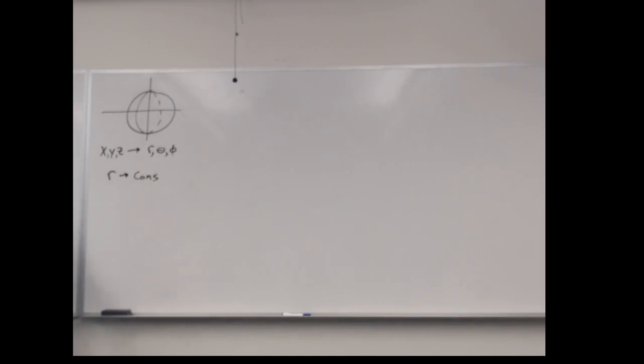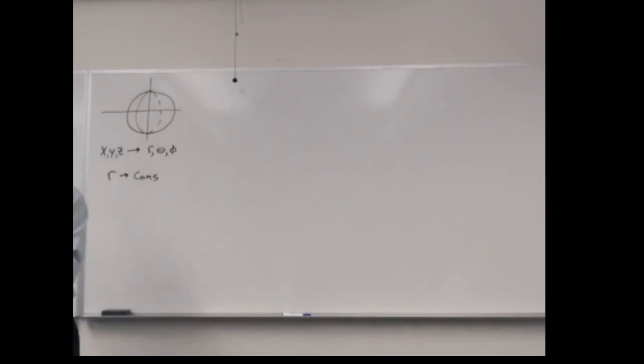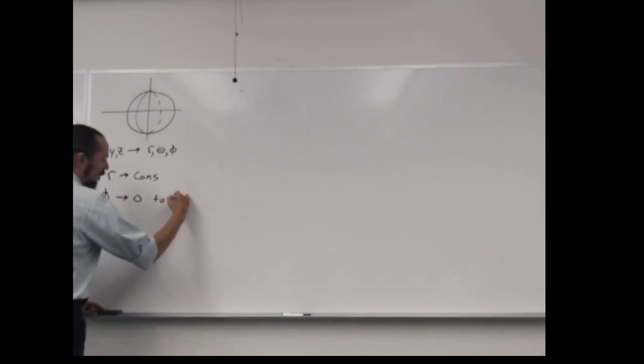So if we were looking at a diatomic molecule tumbling through space, this is essentially saying the bond length is constant. And it's going to tumble through space with that constant distance between them. We know it's going to vibrate and change a little bit. Approximation. Pretty good approximation. Theta, let's do phi first because we already did phi. Phi is going to be from 0 to 2 pi.